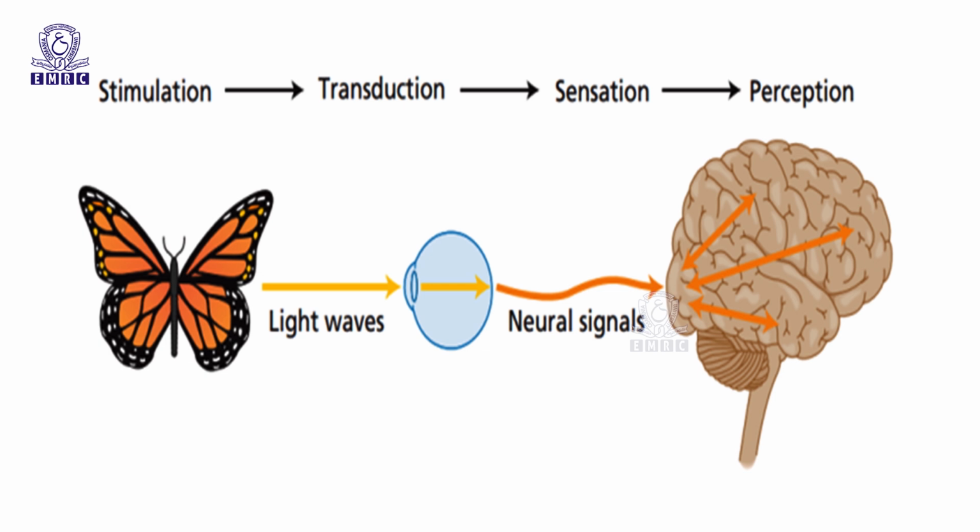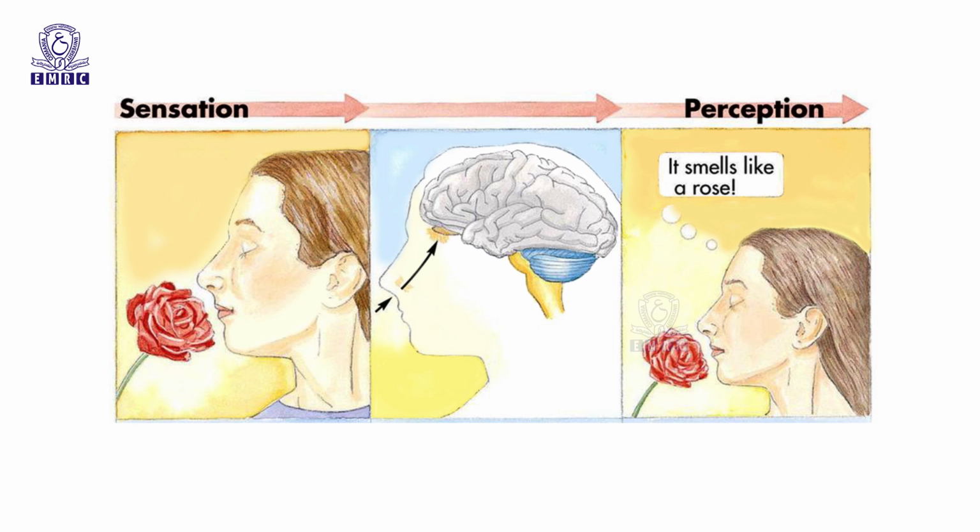Thirdly, the impulses from the sense organs go to specific areas of the brain, which we have seen in the figure, where the impulses are converted into sensations. Fourthly, these sensations are sent to the association areas of the brain, and the association areas change the meaningless bits of information into meaningful and complete images, which we call perceptions.